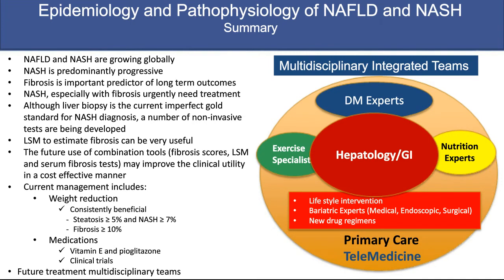Now, if you have a patient that has absolutely no evidence of insulin resistance or any other component of metabolic syndrome, then the treatment will be based on what type of pathology you're dealing with. If it's just fatty liver and you don't have a liver biopsy, then it will be just lifestyle modification with exercise.